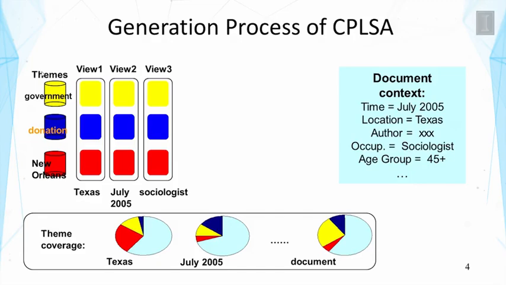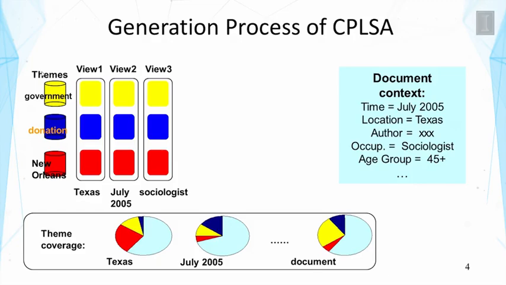Now, as you can see, we assume there are different views associated with each of the topics, and these are shown as view 1, view 2, or view 3. And each view is a different version of word distributions, and these views are tied to some context variables. For example, tied to the location Texas, or the time July 2005, or the occupation of the author being sociologist.